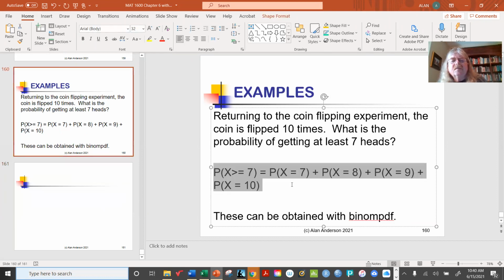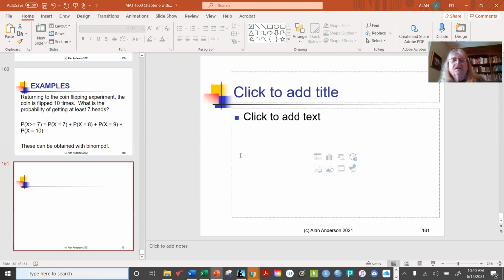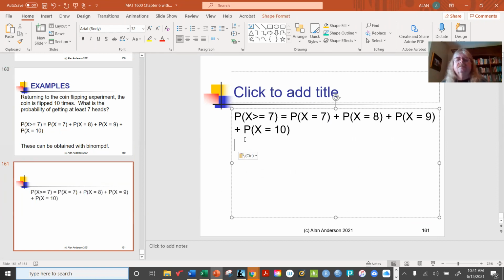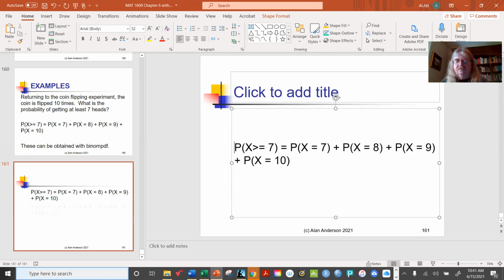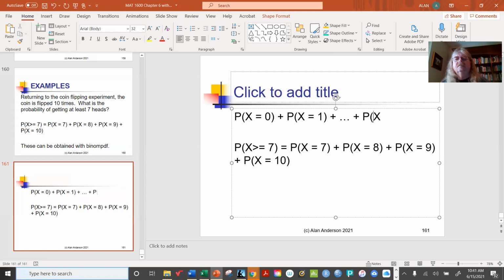So what I'm going to do is point out that the probability of getting, let's say, 7, let's do it like this.